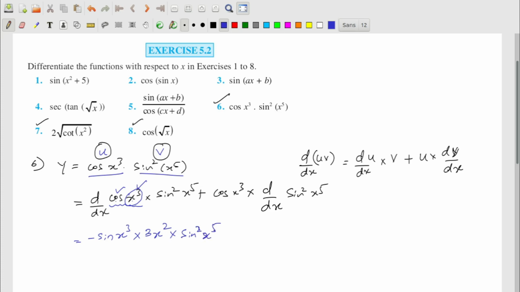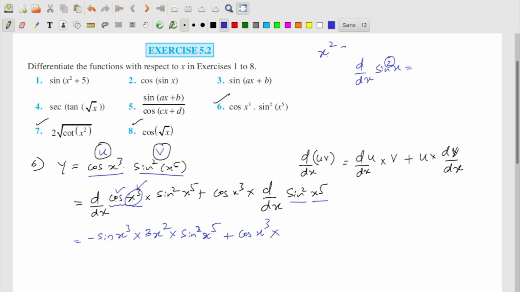So now we got the derivative of the first one into the second one as it is, sin square x raised to 5, plus cos of x cube as it is, into the derivative of sin square x raised to 5. So now let me solve d by dx of sin square x. When we have the derivative of sin square x, first you need to start from the power. Let's consider sin x as x and then square.